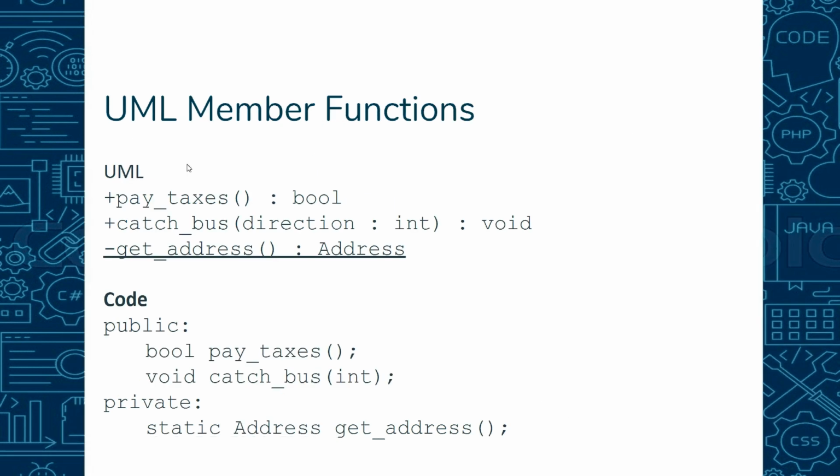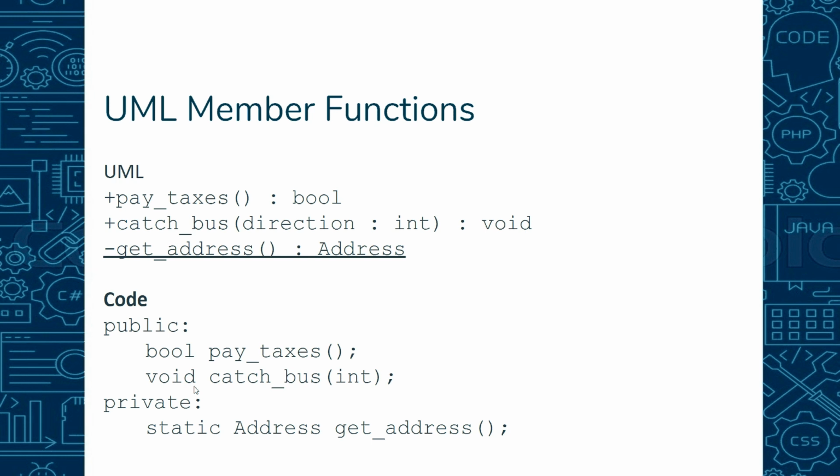Right, so for your member functions, this is what it looks like in UML, and this is what it looks like in C++ code. We can tell that public, these are our two publics. Pay taxes doesn't have any parameters, but the return type is a bool. Catch bus is public, once again, with one parameter and a return type of void.